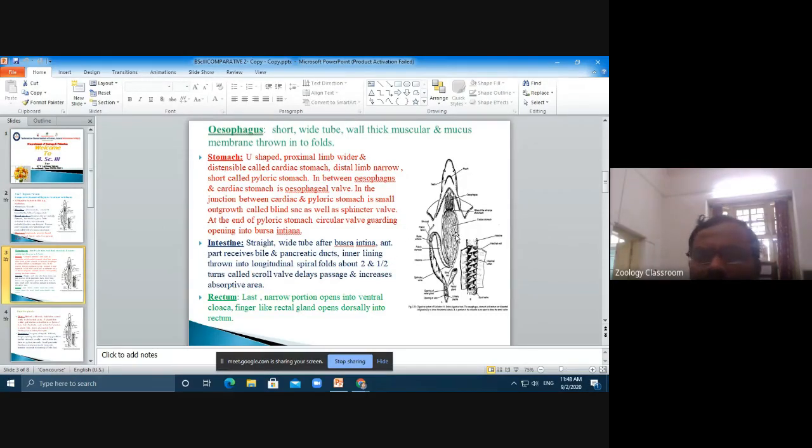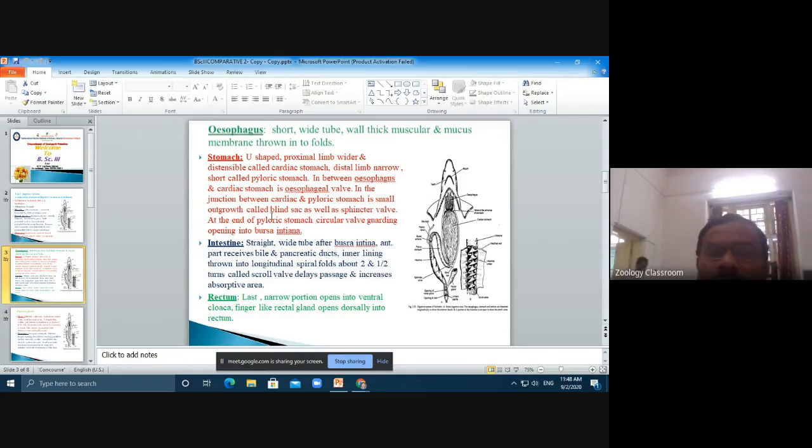In between the esophagus and the cardiac stomach, the first wall is present. This wall prevents the backward entry of food from the cardiac stomach into the esophagus. So when the wall is closed, the food does not go back again into the buccal cavity.